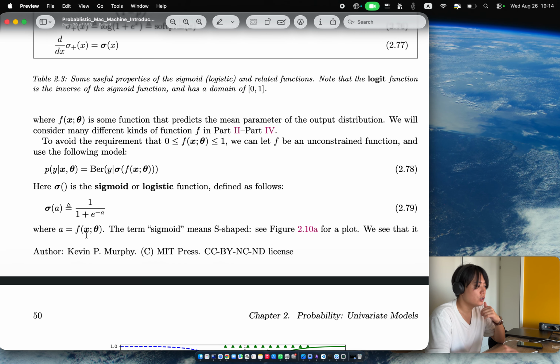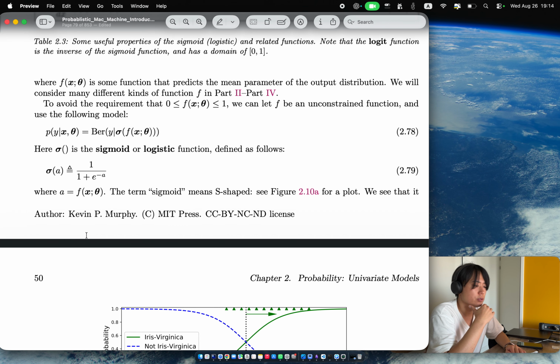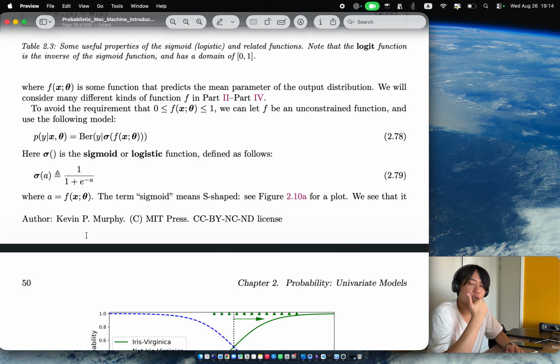You sometimes also call it the logistic function. So the concept applies when you use logistic regression, for example.